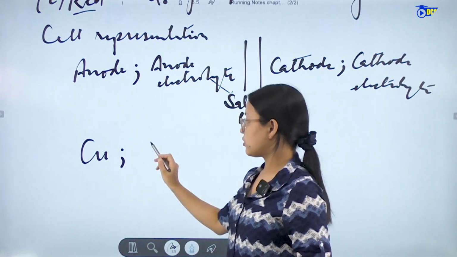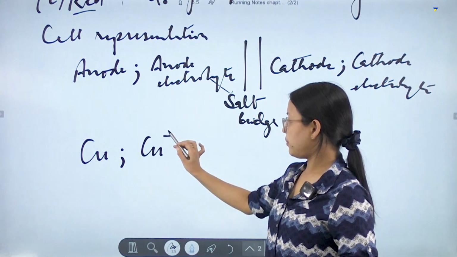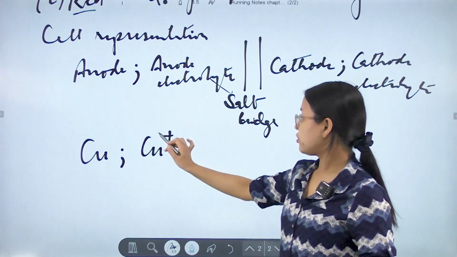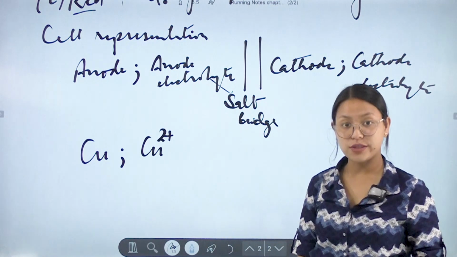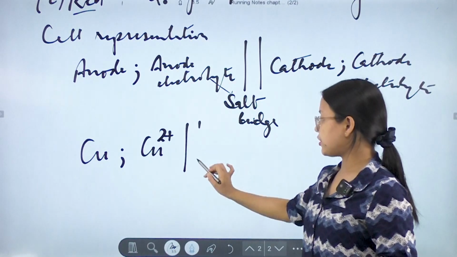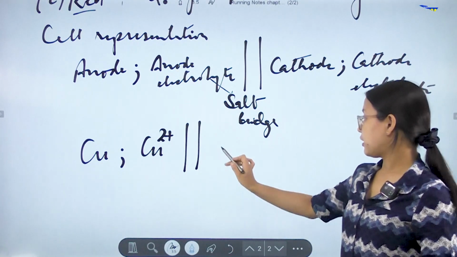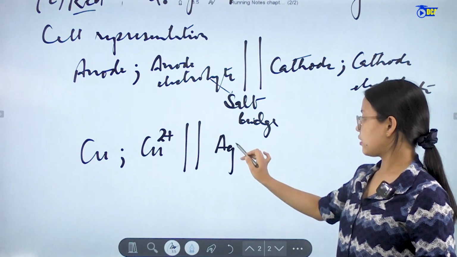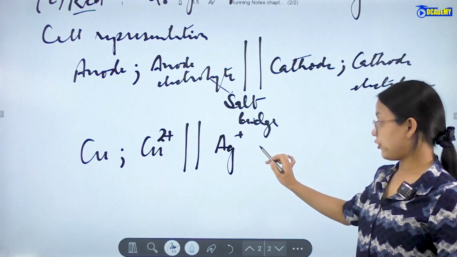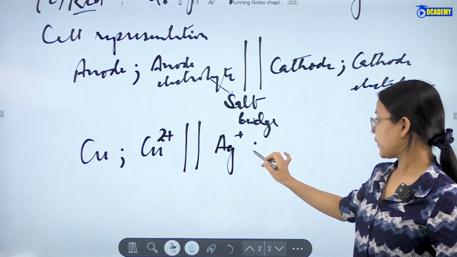Copper, Cu 2 plus, then salt bridge, then silver ion Ag plus, then Ag.